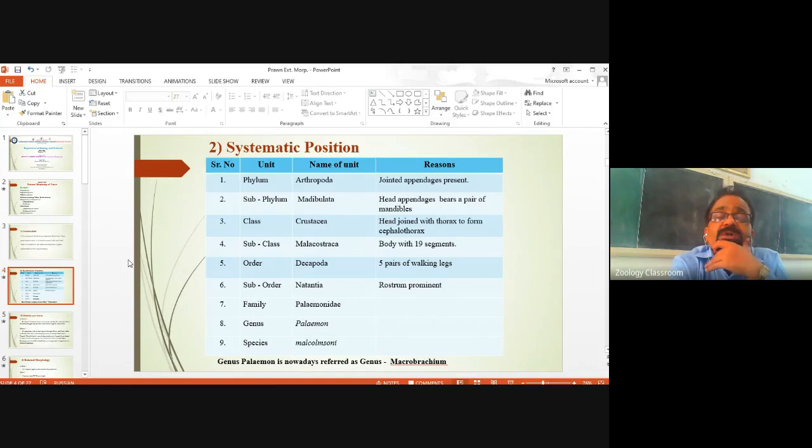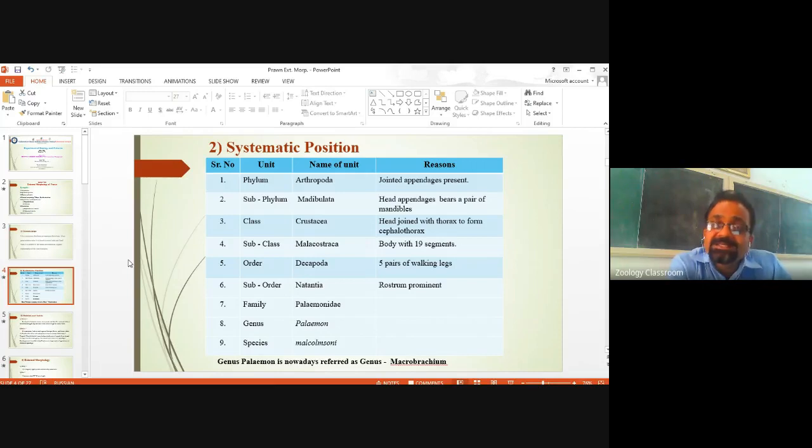It belongs to order Natantia. And now here, presence of a prominent rostrum is the important characteristic. If you study prawns, different species of prawns have different shapes of rostrums.